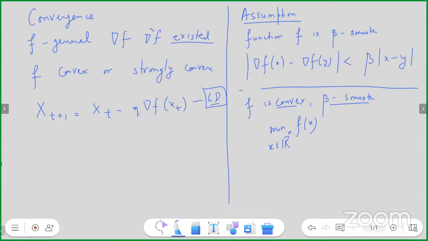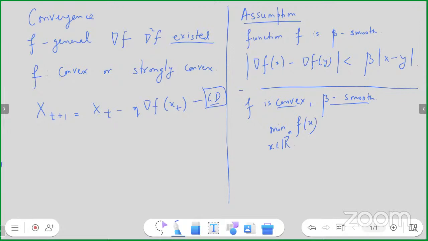Beta is not necessarily an integer. So what's the only condition you need here? You know the Lipschitz condition, right?